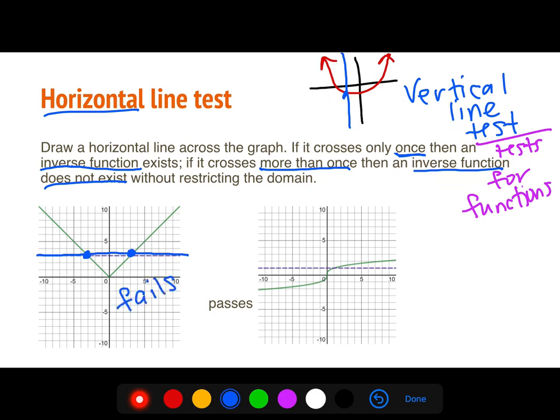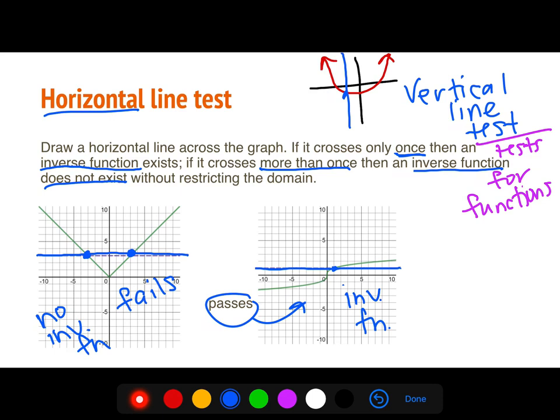This one crosses twice, so this one fails. This one I'm going to go across, and it crosses once, so this one passes. So this one, no inverse function. This one has an inverse function.